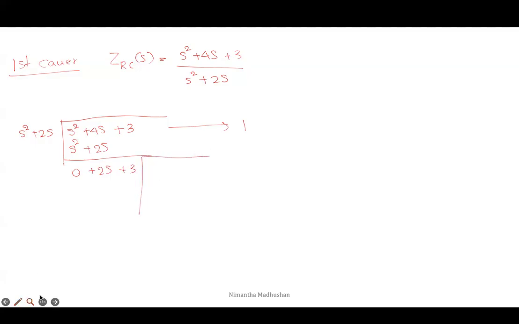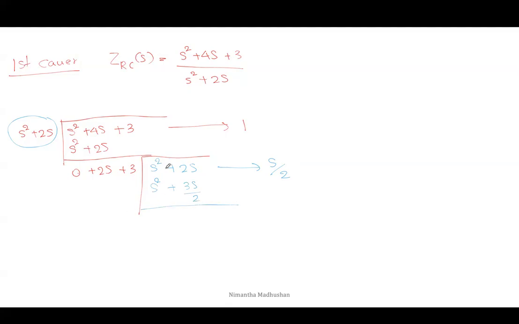And this part, we can use in this place: s squared plus 2s divided by 2s plus 3. For this, the answer will be s over 2. When I multiply this by the function, s squared plus 3s over 2.